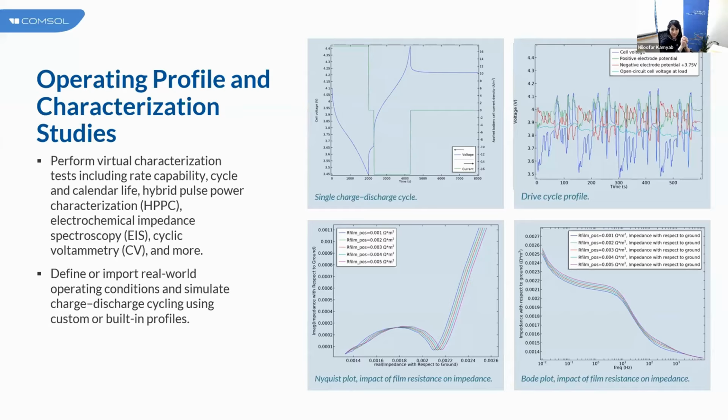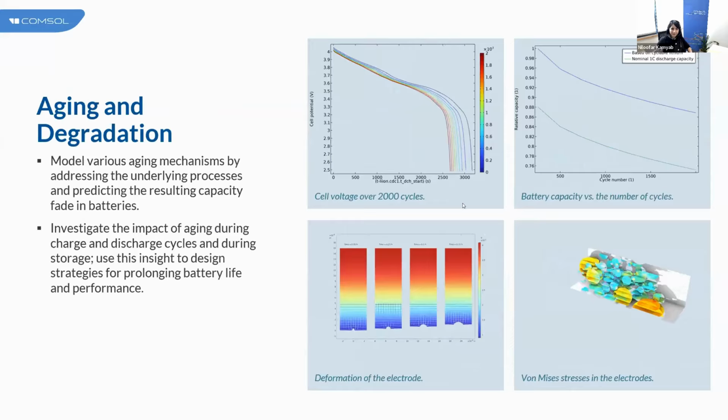So you can have the profile, you can have the battery chemistry framework that you have, and build upon it and bring in everything that you have outside of COMSOL and get the response of your battery cell model. So you can customize it as much as you want, but COMSOL gives you a built-in cycling feature that replicates the battery cycler that you have in the lab, and you can replicate the load profiles that you have when you run the experiment on your batteries.